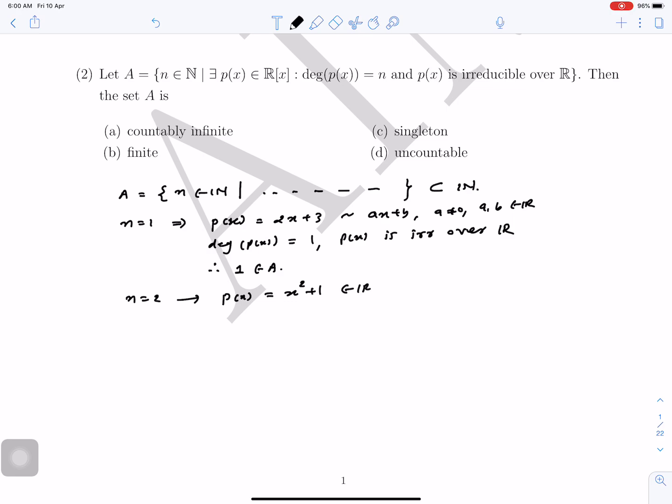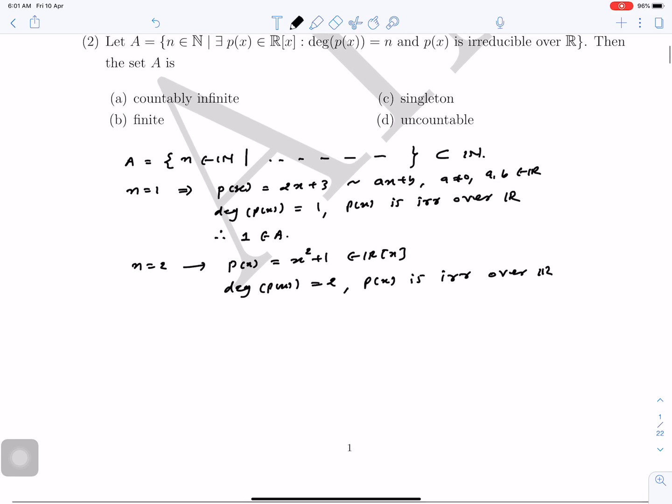Then it is a polynomial over R. The degree of p(x) is 2, and p(x) is irreducible over R, because the roots of p(x) are plus or minus i, so it is irreducible over R. So by definition of A, 2 belongs to A.